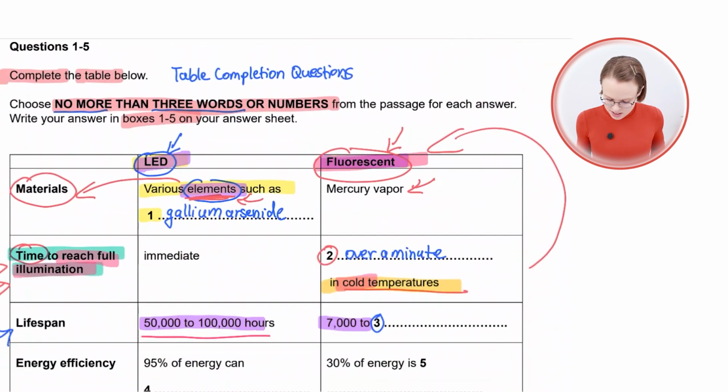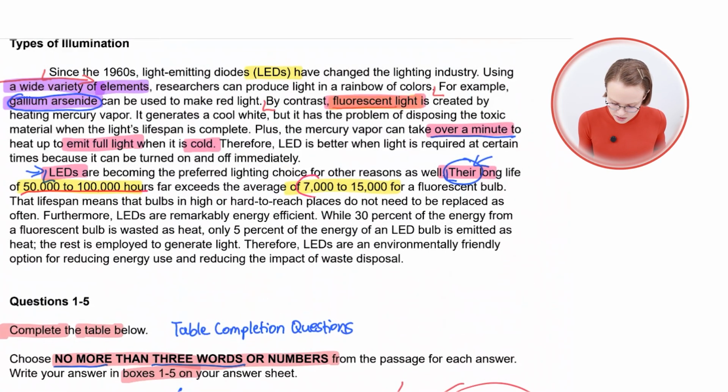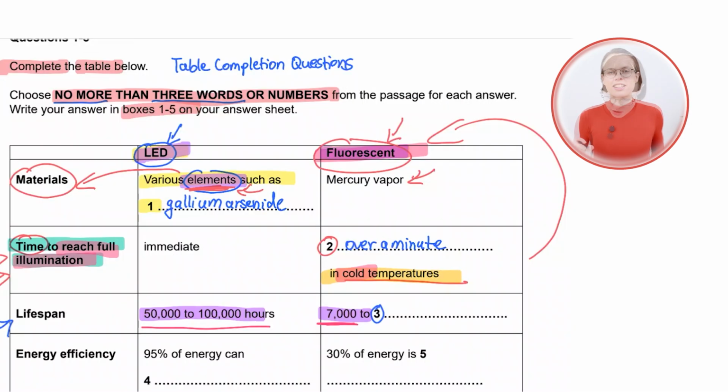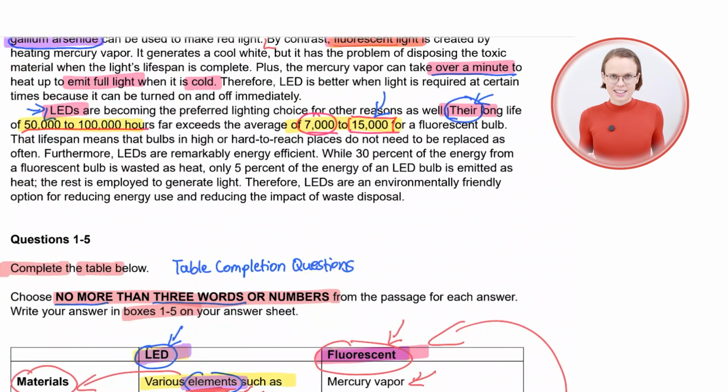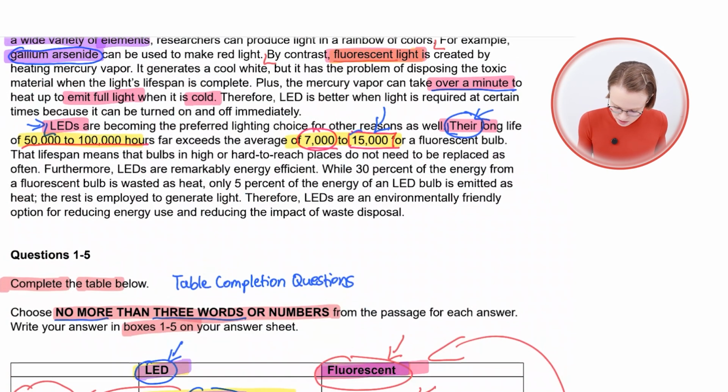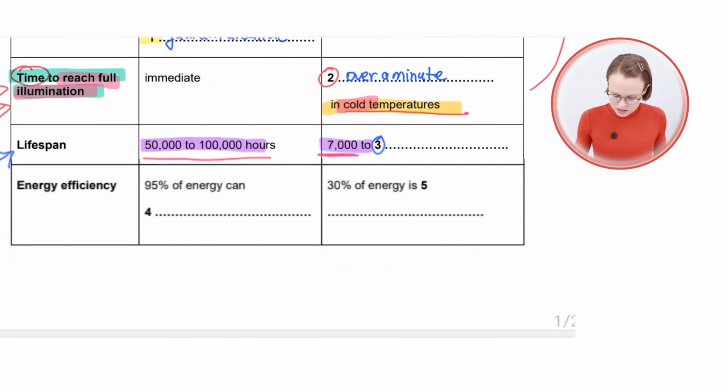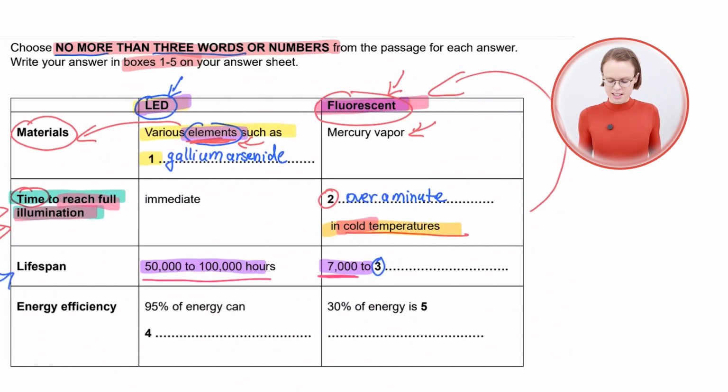And here it says 7,000, and we can see this in the passage here. And what does it say about the lifespan of a fluorescent bulb? It says 7,000 to 15,000. So this is the number that we need to enter. So the correct answer is 15,000 hours. Pay attention, guys. Here it says 15,000 here. But if you now enter 15,000, then it says 7,000 to 15,000.